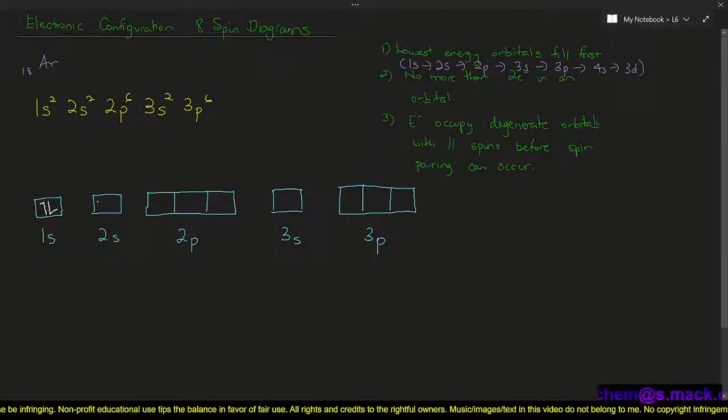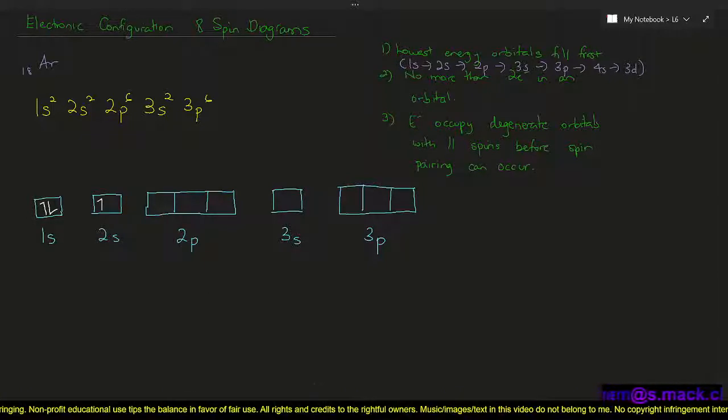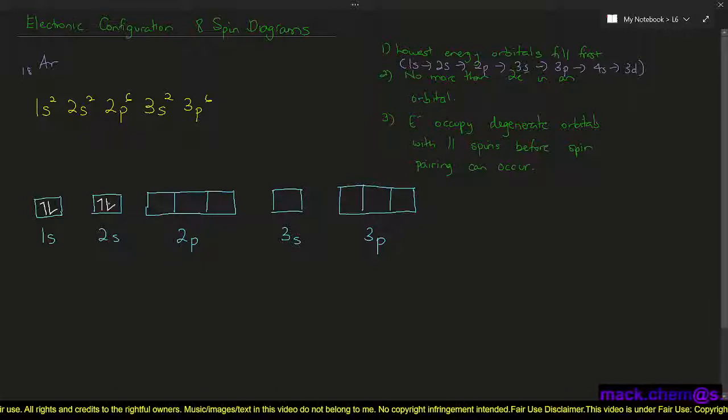An electron will then fill into the 2s subshell. Another electron will fill in, that is, it will pair up. And this is because lowest energy orbitals will fill first before higher energy orbitals fill up.